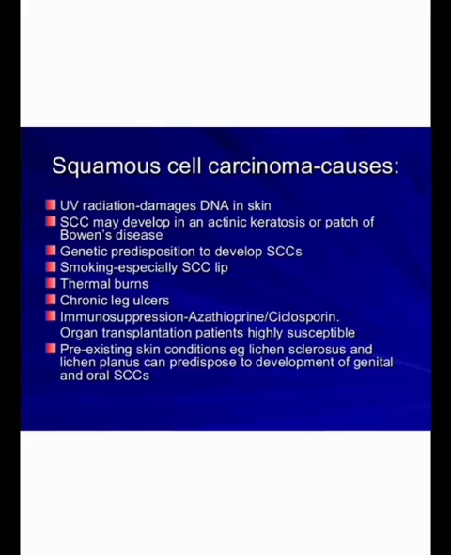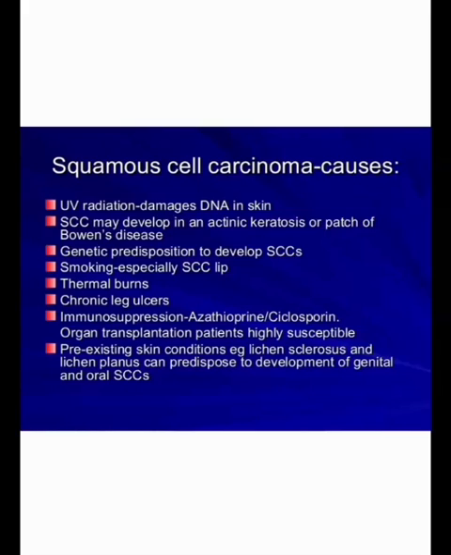If the patient underwent organ transplantation, in order to prevent rejection we give immunosuppressive drugs. If we take immunosuppressive drugs continuously, there is an increased chance of getting cancers because of the immunosuppression.